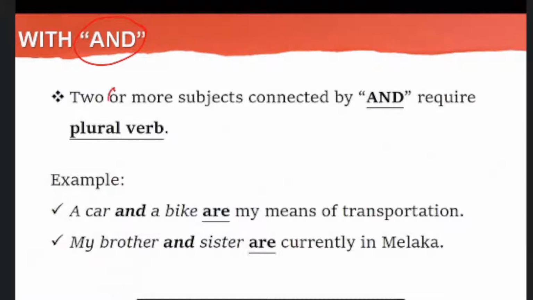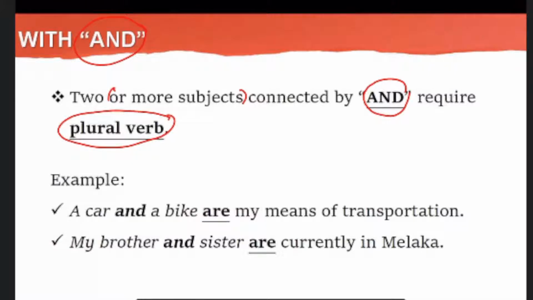Two or more subjects connected by and require a plural verb. Why do you think it requires a plural verb here? When there are two subjects in a sentence, obviously 1 plus 1 becomes 2. So when there are two subjects, it will be plural subject. That's why for plural subject we use plural verb.